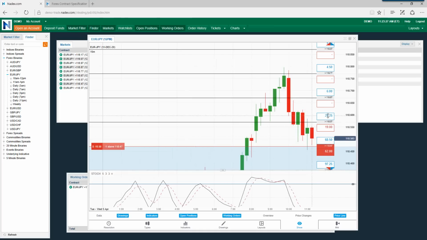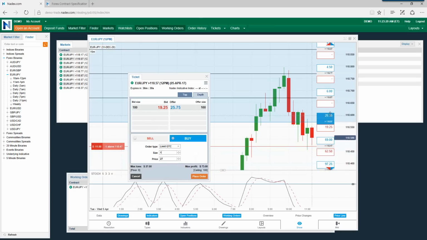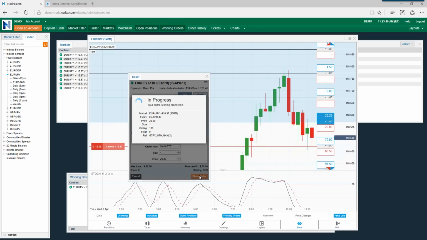I could also buy. Okay, in this case, I'm just going to do one at 118.57. Okay, again, if you read the ticket, do you see how at 26, I've got $26 of risk, I've got $74 of potential profit.